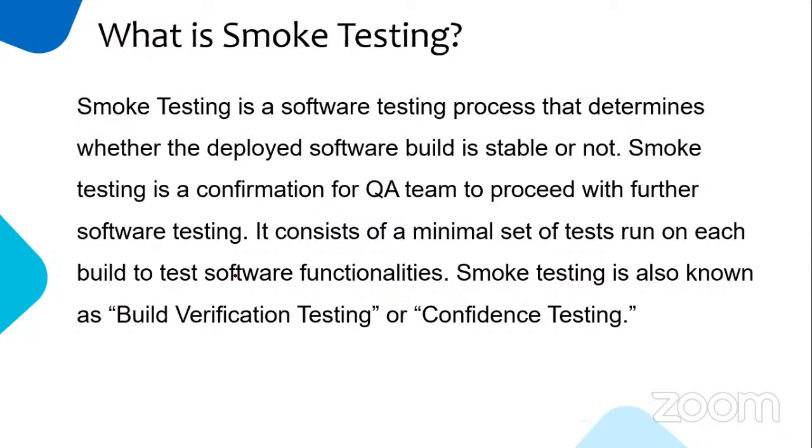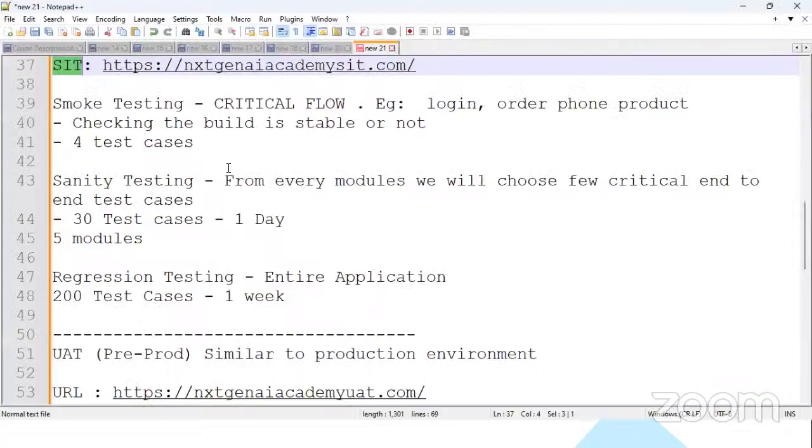Now we'll see technically. So first, what is smoke testing? Smoke testing, again, is a software testing that determines whether a deployed software build is stable or not. What does this mean? Deployed software build.